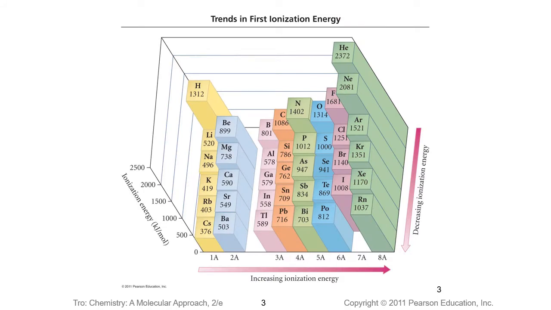You will notice that as we go up and to the right on the periodic table, we do get a general increase in first ionization energies. There are a few elements that go against this trend, like nitrogen and oxygen, beryllium and boron, and we'll talk about why that is in just a minute.